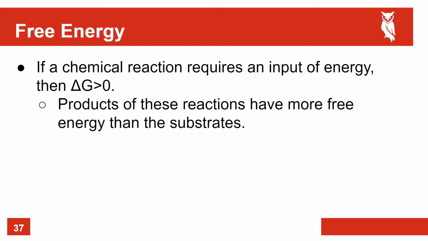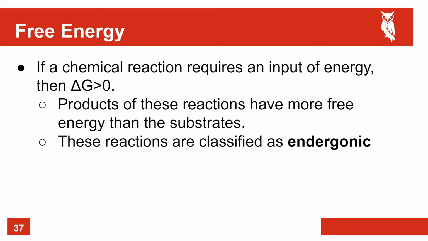The reactions have more free energy than the substrates. These are classified as endergonic, kind of like endothermic. Think of the G in gonic as meaning free energy. They absorb that free energy.